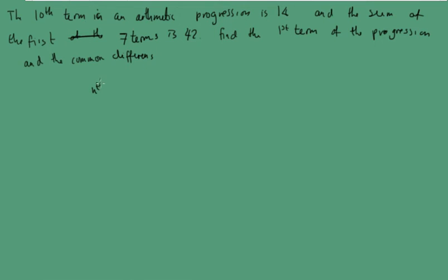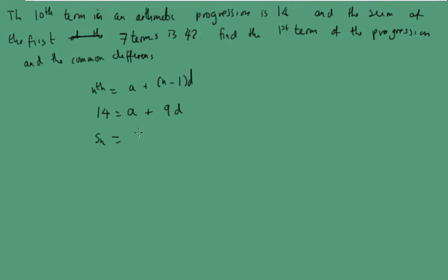So we know the nth term is a plus n minus 1 d, and the 10th term is 14. We don't know what a is, and it's the 10th term, so it's going to be 10 minus 1, which is 9, and we don't know d. And we know that the sum of the first 7 terms is 42.